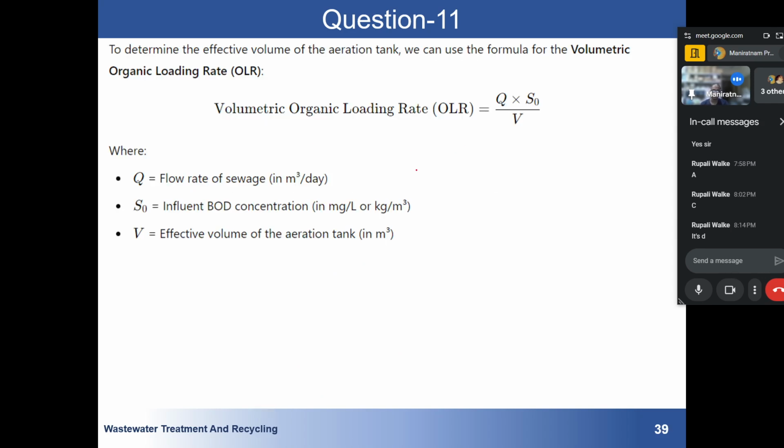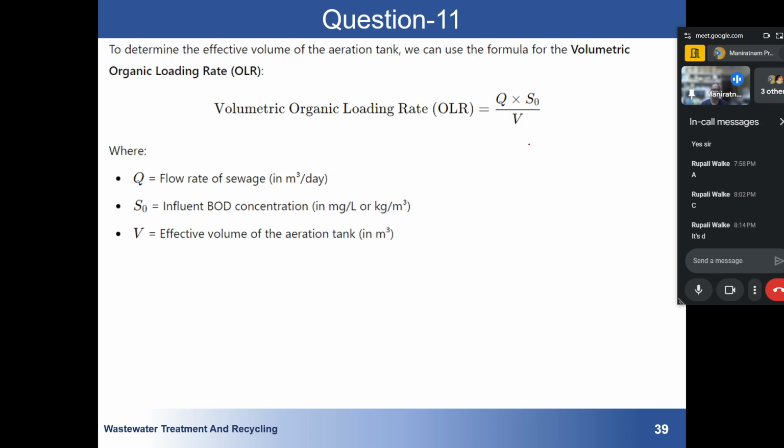First you should know, as I have already said, that the volumetric organic loading rate is Q into S naught divided by V. Q is how much flow is coming, S naught is the influent BOD concentration, and V is the volume of the tank. First thing you should remember is that if something is talked about as a rate, it will be something per time.